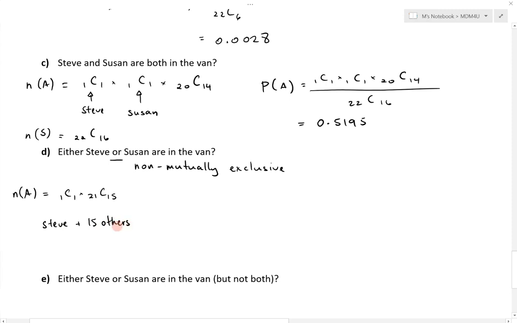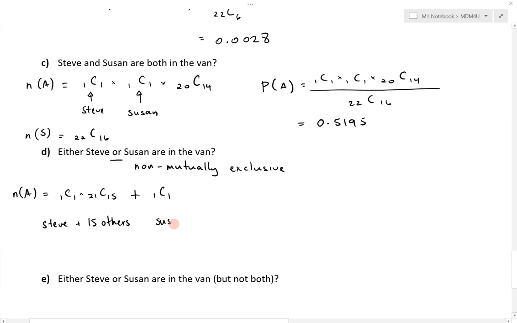Okay, but you might go, well, aren't you including Susan in this count? Now you can have the possibility of both Steve and Susan. Well, I will take care of that when you do the subtraction later on. So just bear with me for a moment. Let's add also the possibility that we have 1 choose 1 for Susan.